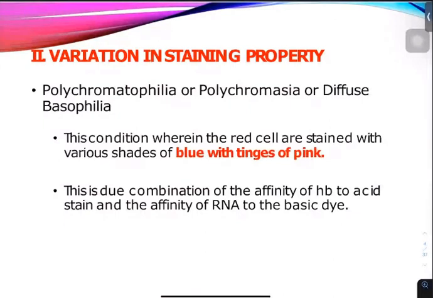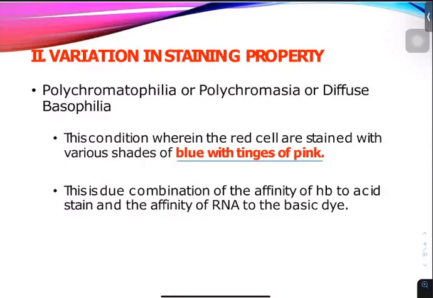That's why it has a blue tinge of pink. The cell varies, blue with a tinge of pink. Why? Because it is staining too much with basic dye.